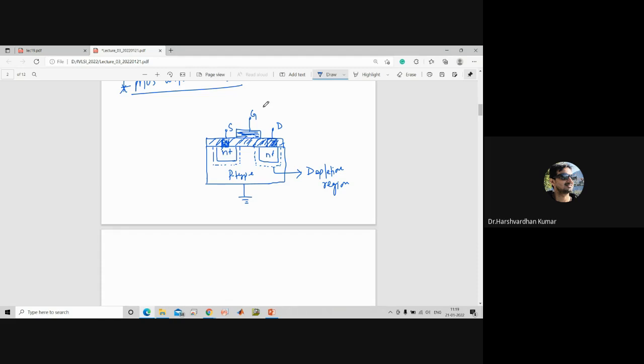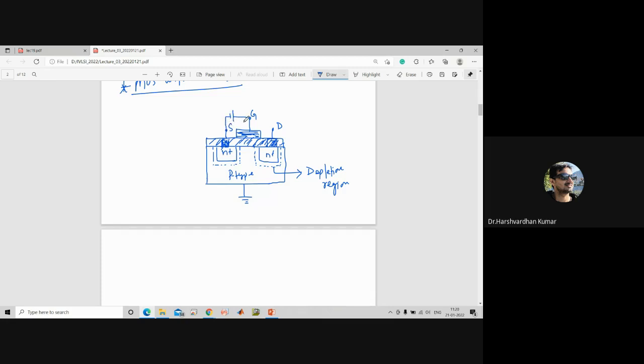If there is inversion, there will be formation of a channel so that current will flow from source to drain. So our desired condition is inversion.